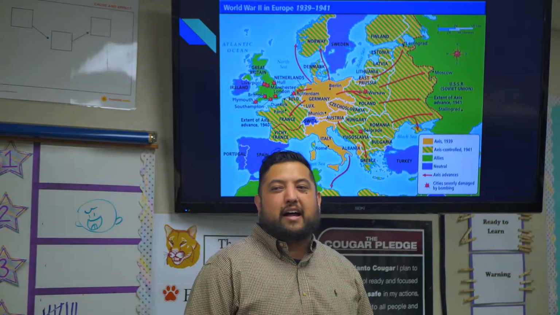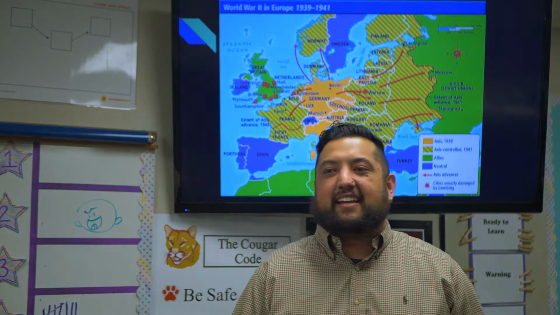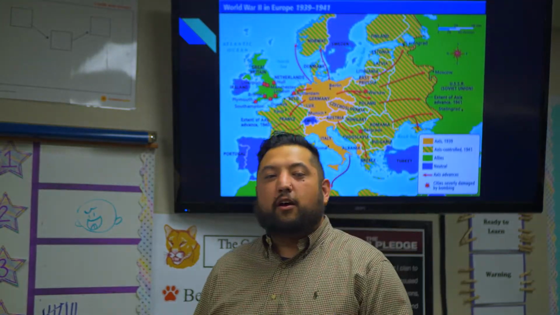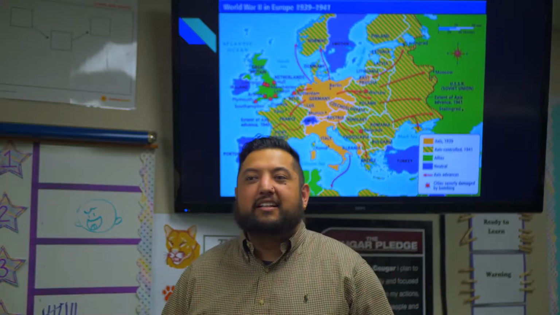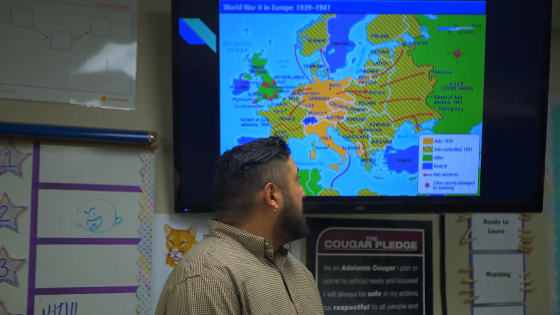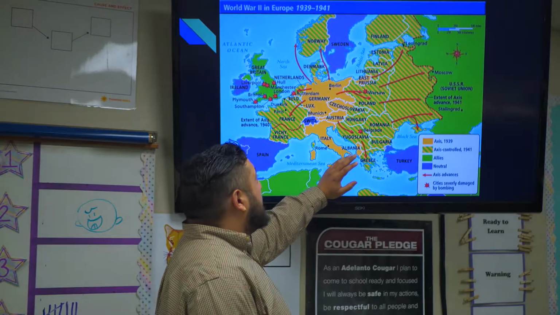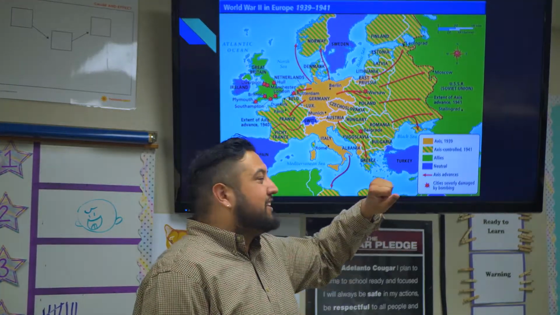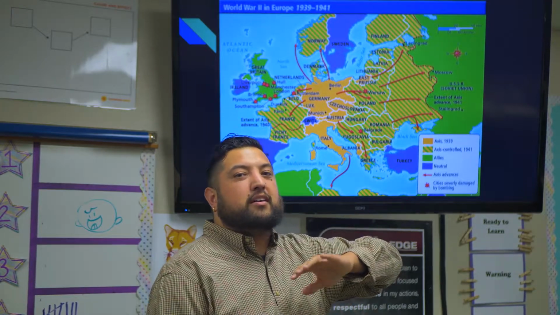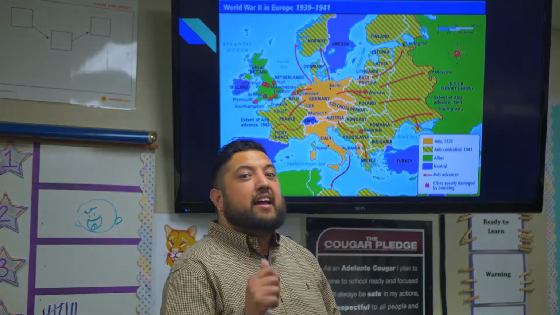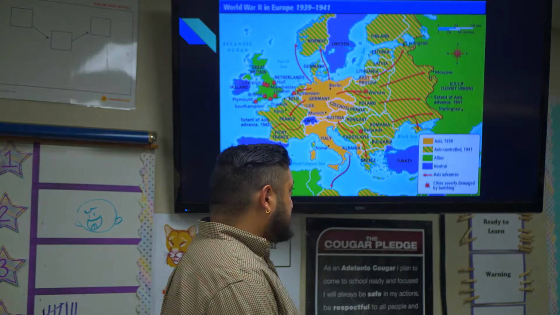This is what I want to see in your maps. I know a lot of you are still working on it, so I wanted to cut you off a little just so I can go over this one point. I wanted to see something like this, where the Axis powers were going, what countries they were taking over, and color coding it.